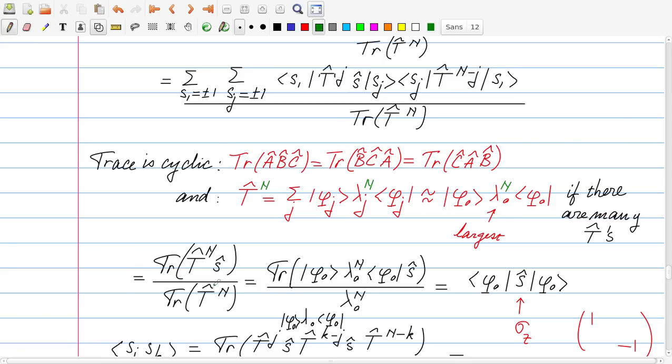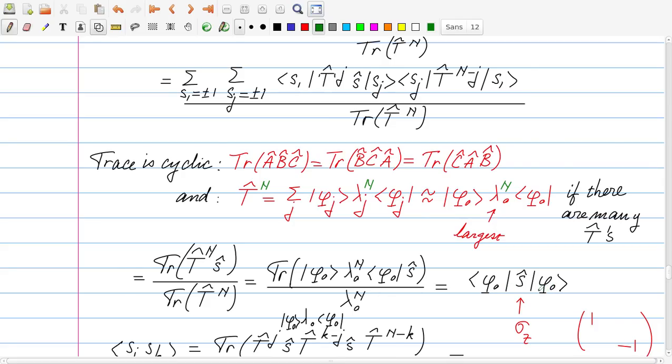And then I replace T by this expression, and then working out this trace, it can be easily seen that this gives me phi 0 operator S phi 0, and there is of course a lambda 0 to the power n, but that cancels against the same object in the denominator. And so what I do is I diagonalize the transfer matrix T.